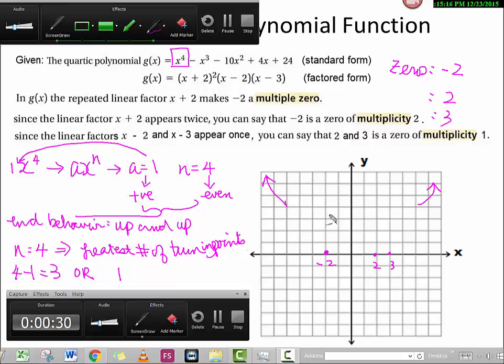So right now we know -2 is a zero of multiplicity 2, so it will bounce. When I say it bounces, we go like this. And for 2 and 3, because the multiplicity is 1, it's going to go through.